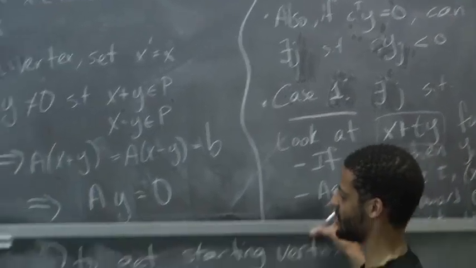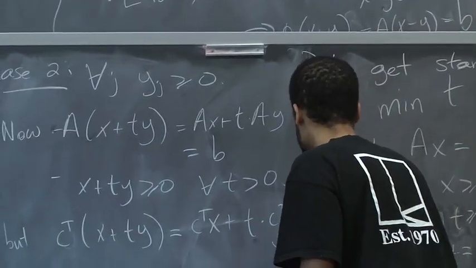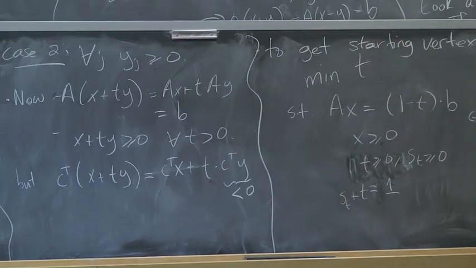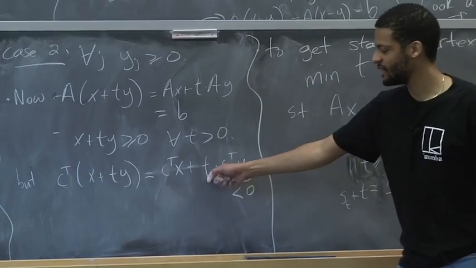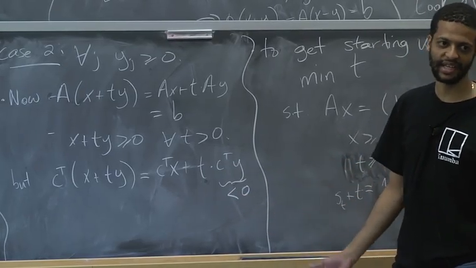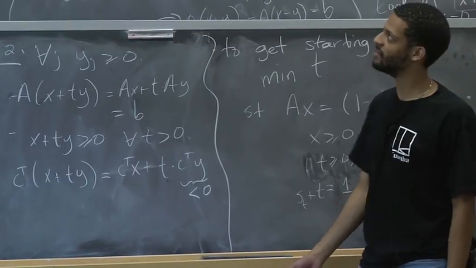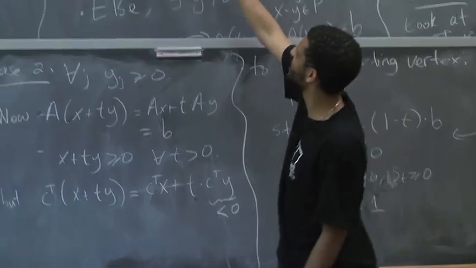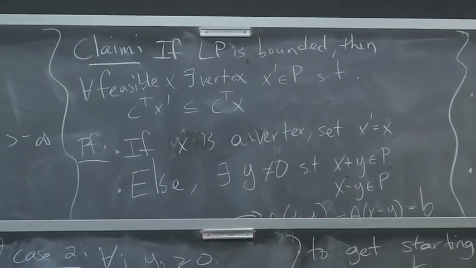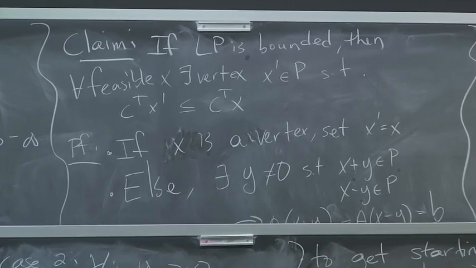So it means that this thing here is strictly negative, which means that we can send t to infinity, and this thing goes to minus infinity, which means that this LP is unbounded. But in our claim, we said if the LP is bounded. So this is a contradiction. So this case two can't happen if the LP is bounded.